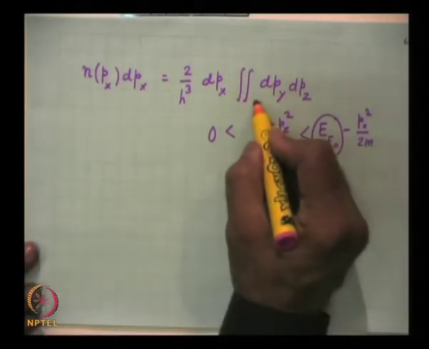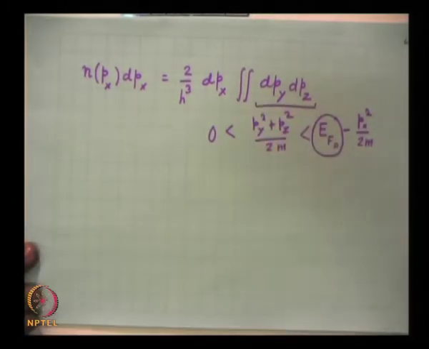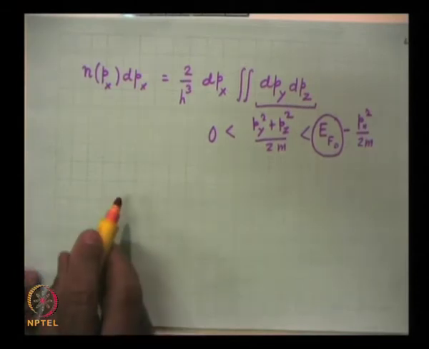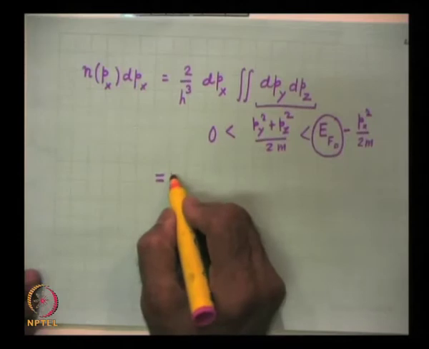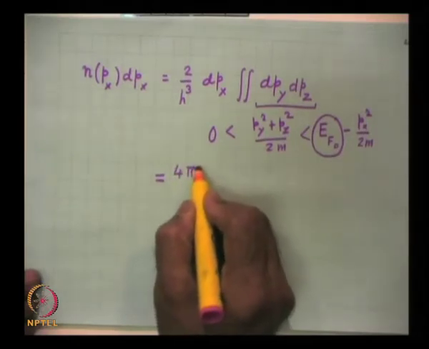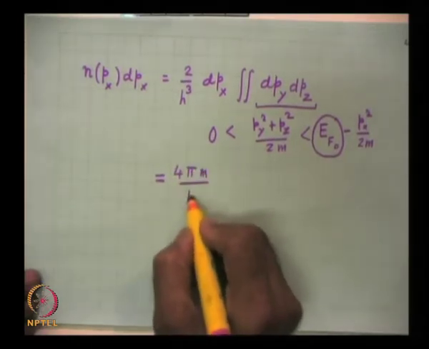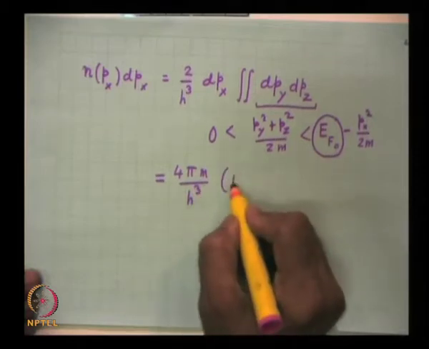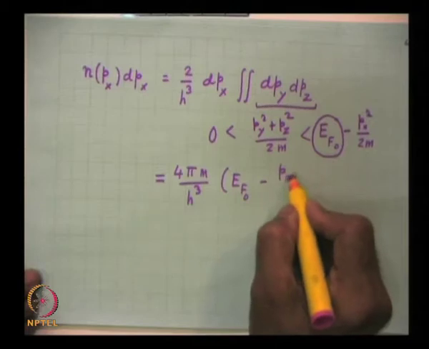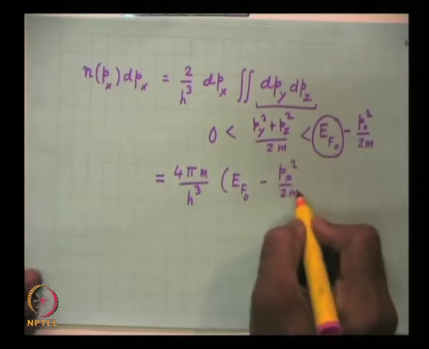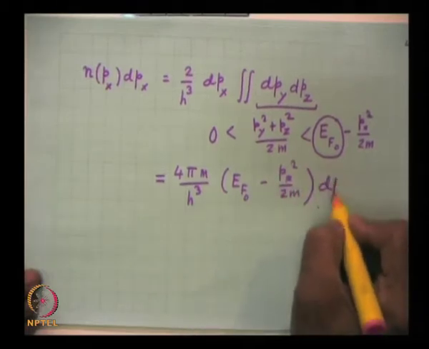So, you can transform to polar space, carry out this integration, and then one finally obtains this equal to 4 pi m by h cubed times E f naught minus p x square by 2 m, d p x.